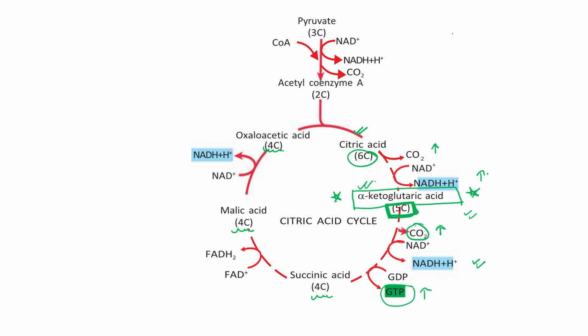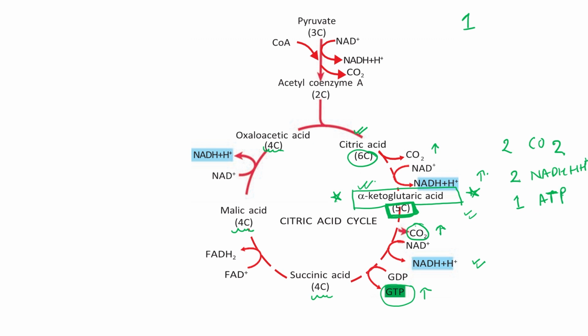So from 1 molecule of pyruvic acid or pyruvate, 2 molecules of carbon dioxide, 2 molecules of NADH, and 1 molecule of ATP or GTP have been produced.